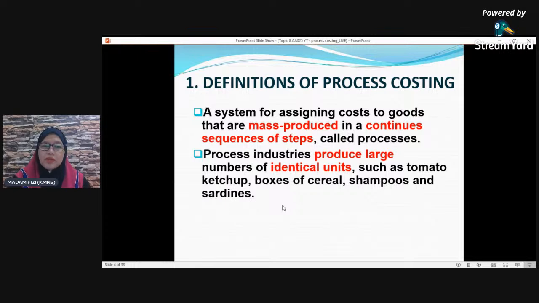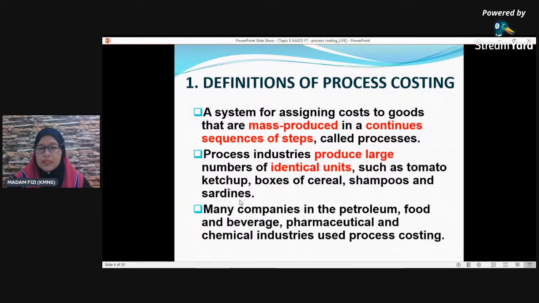Okay, for example, tomato ketchup, boxes of cereal, shampoo, sardine, semua tu kalau awak tengok, dia akan keluarkan sama je dan dalam unit yang banyak. Many companies in the petroleum, food and beverages, pharmaceutical and chemical industries use process costing.